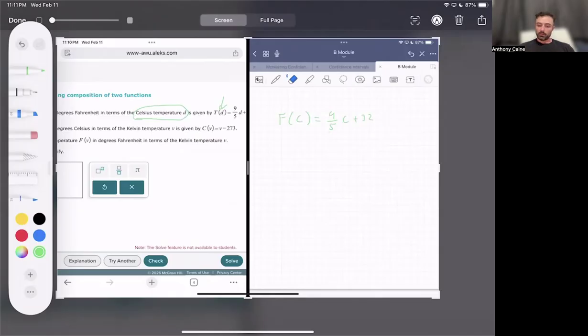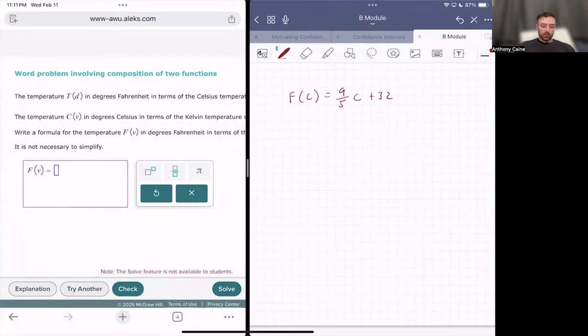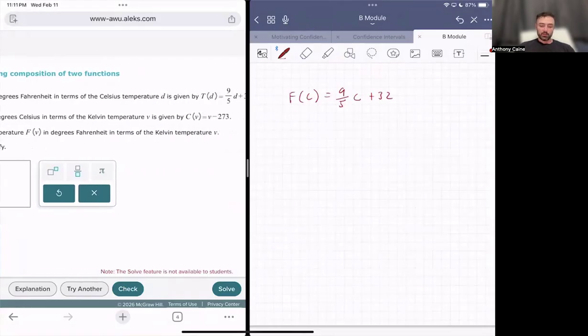So anyway, knowing that, let me rewrite this as F of C is equal to 9/5 C plus 32. And now let's look at this other one. The temperature C in degrees Celsius in terms of Kelvin, so C is a function of K. I'm not going to use V because I'm not going to try and trick you.